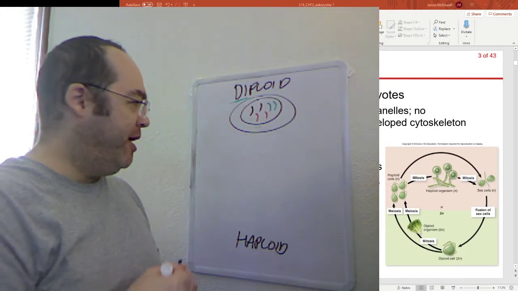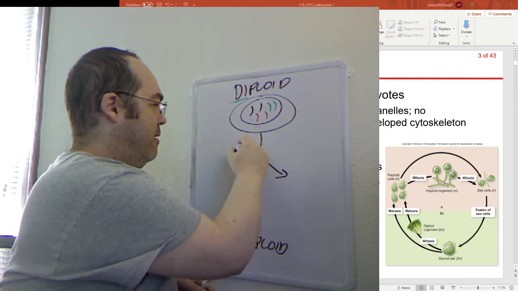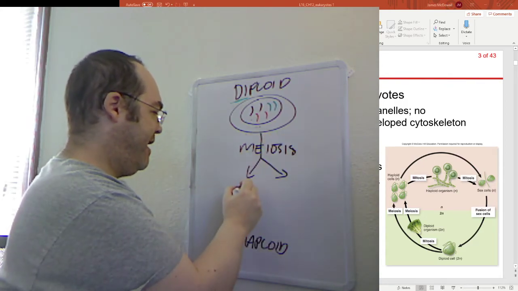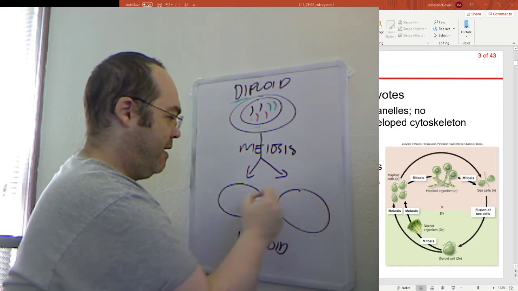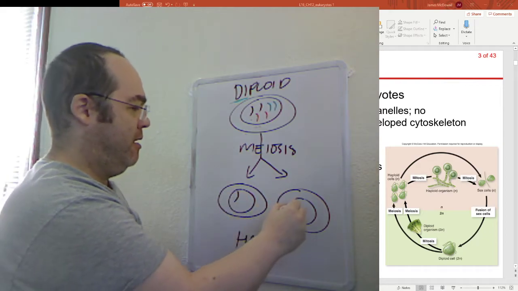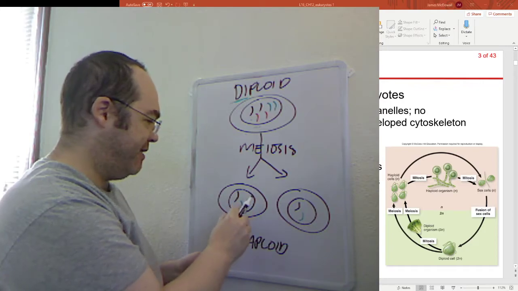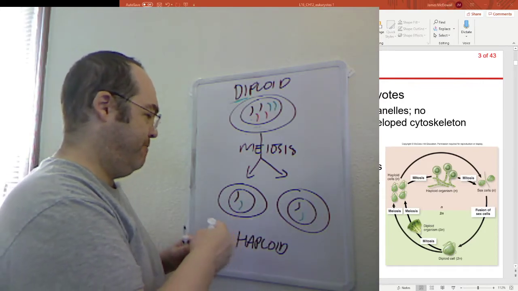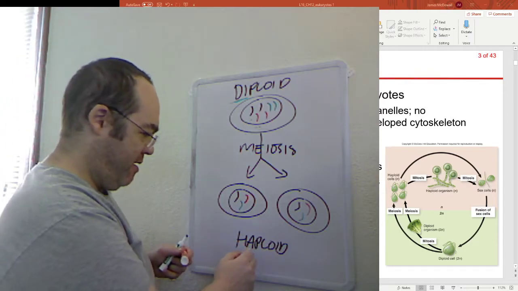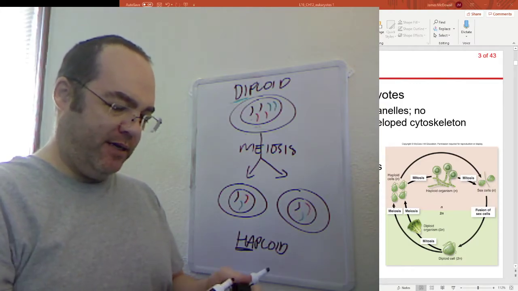And then when we go through a process such as meiosis, we end up with cells that only have one of each of those chromosome pairs. So you have half the number of chromosomes as the parent cell. They are haploid.